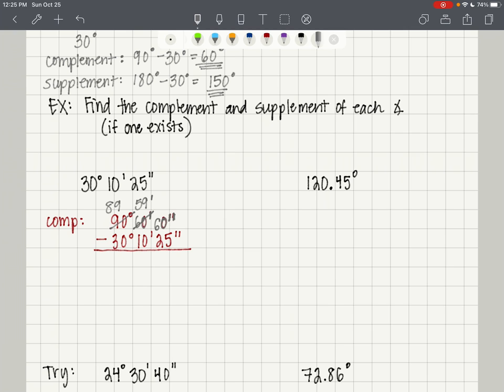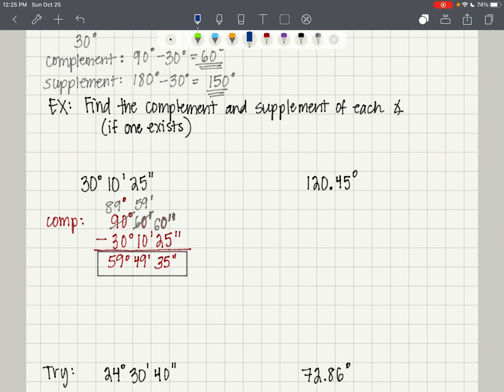Now we can subtract. 60 minus 25 is 35 seconds. 59 minutes minus 10 minutes is 49 minutes. And 89 degrees minus 30 degrees is 59 degrees. So the complement is 59 degrees, 49 minutes, and 35 seconds.